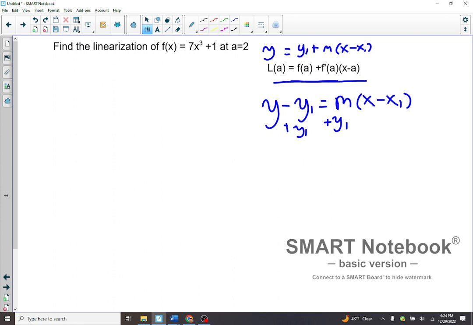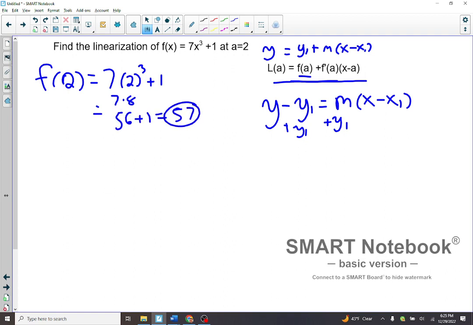So in this case, this linearization formula is exactly the same as making a line equation. So I need f of a, so f of 2. F of 2 will equal 7 times 2 to the third power plus 1, which is 2 to the third power is 8. 7 times 8 is 56, plus 1, 57.